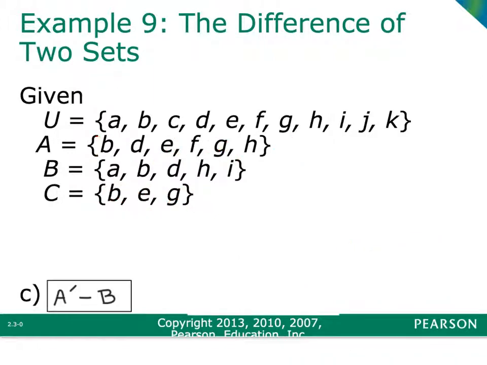Okay. You can make it more complex if you want. We could do A naught, take away B. If you're going to do that, I would first find A naught.